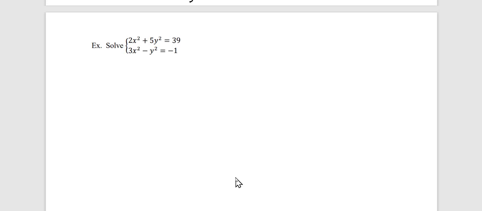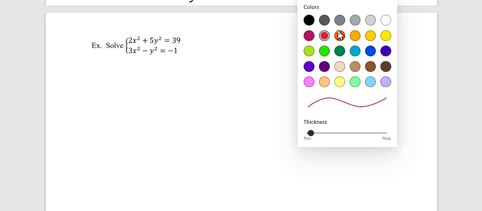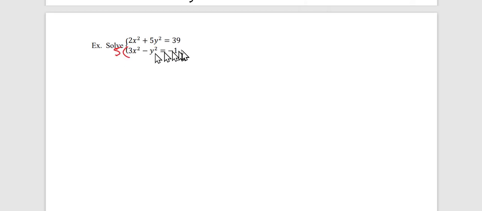This one I think is easier to solve using the elimination method, because I don't want to solve for x or y in either of these equations, and they do have opposite coefficients, same degree, so I can make the opposite coefficients. I can make that 15x squared minus 5y squared equals -5.